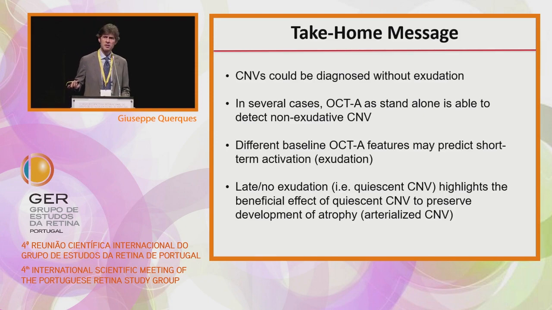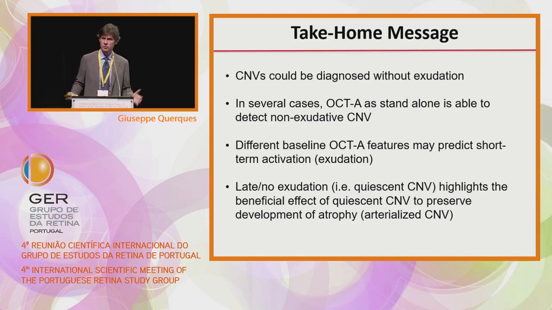If you look at the OCTA characteristics, the growth over time, and the packing of vessels inside the CNV, you can probably predict the chance of developing exudation, and so adapt your follow-up regimen.